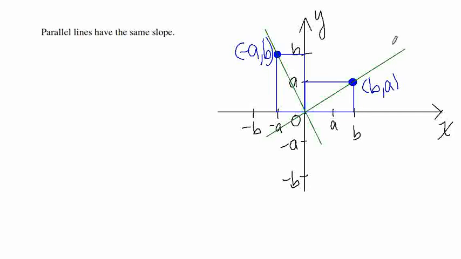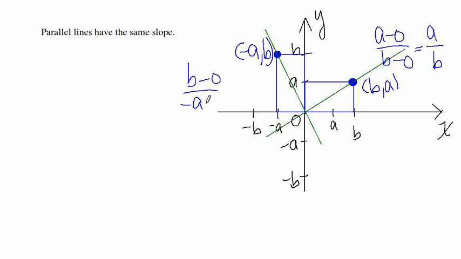So the slope of one of the lines is A minus 0 over B minus 0, which is A over B. The other one, the slope is B minus 0 over minus A minus 0, which is minus B over A. Notice something about those two slopes. If you multiply either of those slopes by minus 1 and find its reciprocal, you will turn either slope into the other slope.